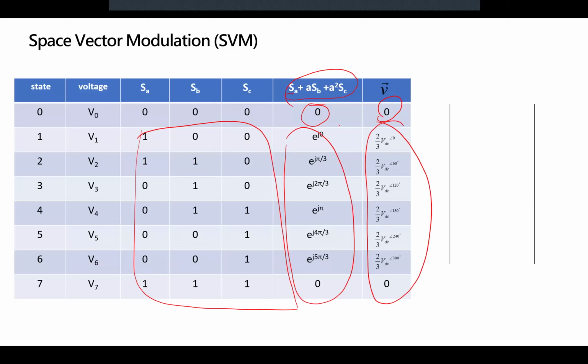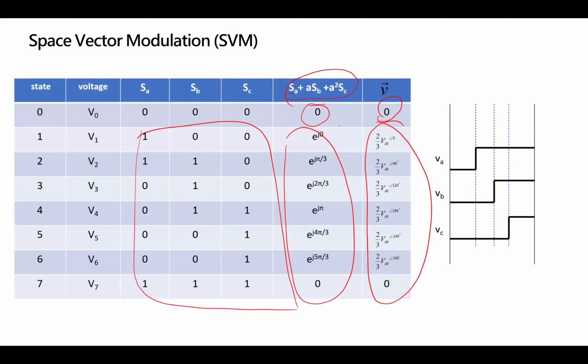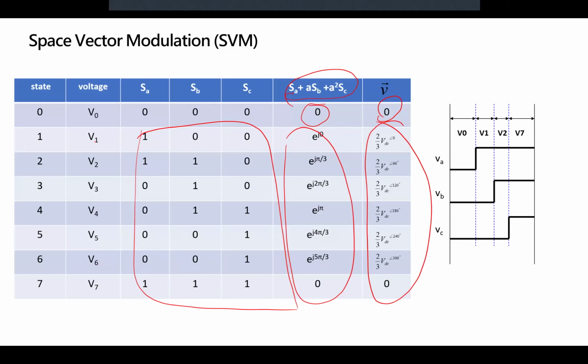If you wanted to draw it, it's going to be VA, VB, VC based on what we said. These are the states, V0, V1, V2, for example. You see S1 is on V1, V2, and V7. See?